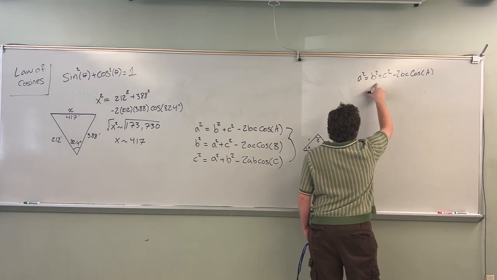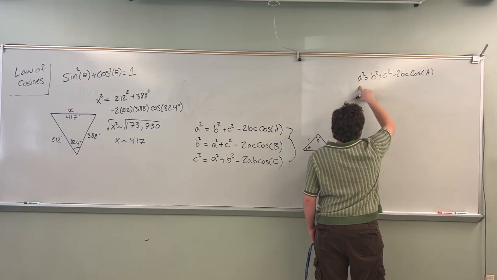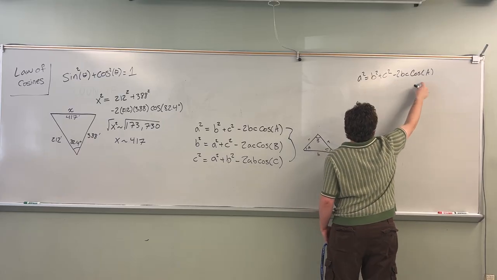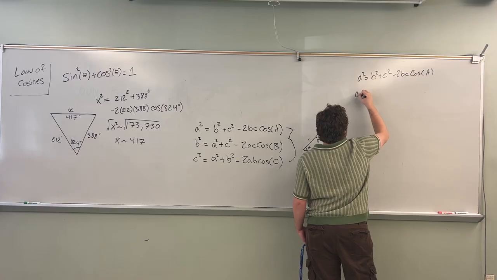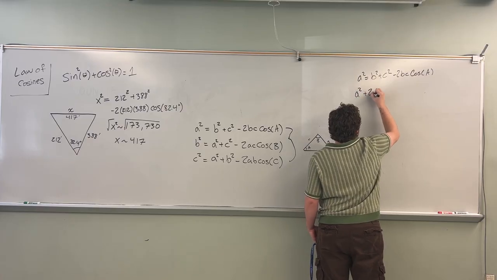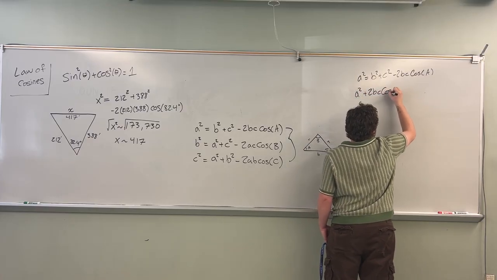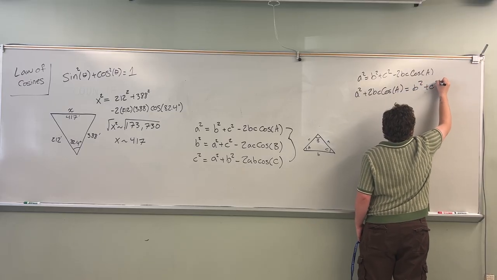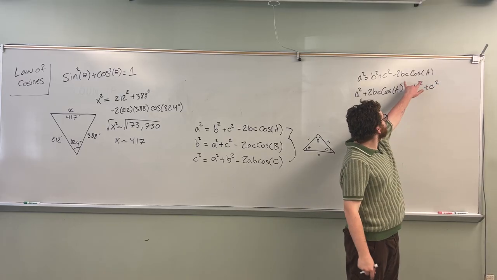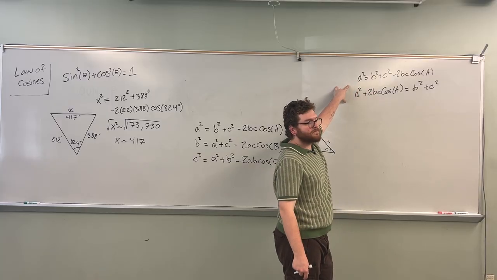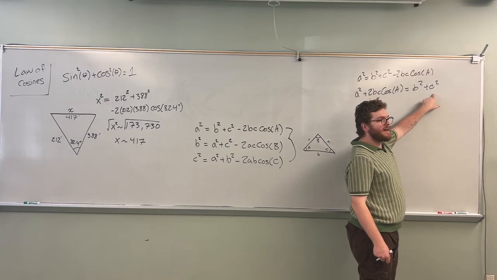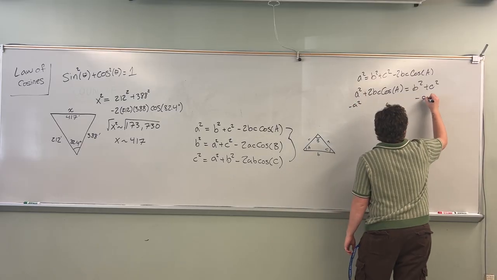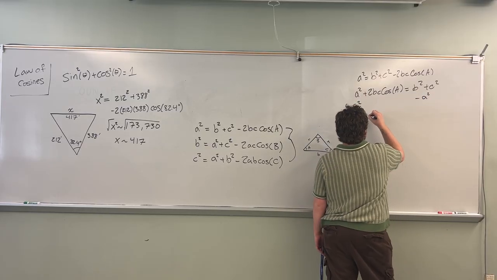I can subtract these over or add this over. Actually, that's what I'm going to do. I'm going to add this term over to the left side. So you get a squared plus 2bc cosine A equals b squared plus c squared. All I've done is add this term over to the other side. And I want to subtract out the a squared over here. The reason I did it in this order is just to avoid some negative signs.